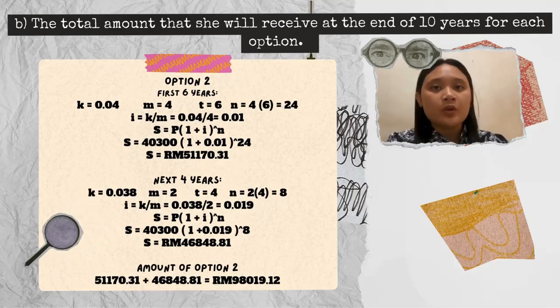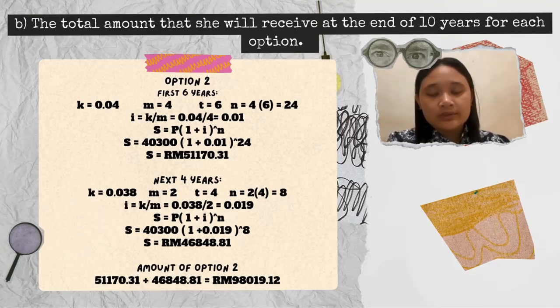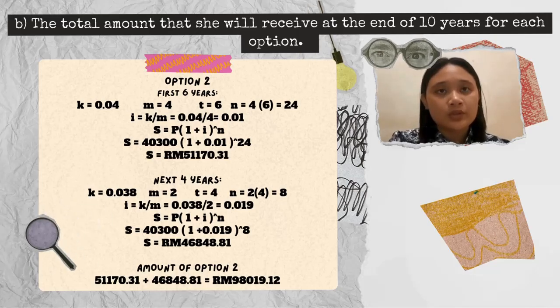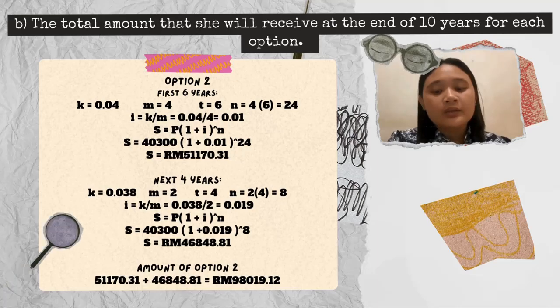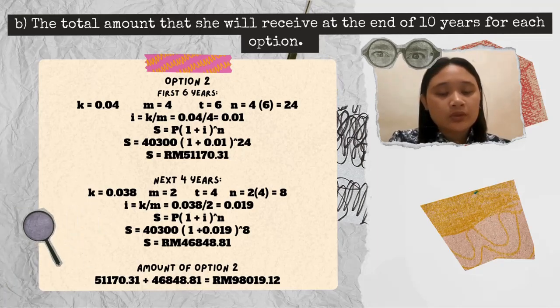Option 2. First 6 years. K equals 0.04, M equals 4, T equals 6, I equals 0.04 per 4 equals 0.01, N equals 4 times 6 equals 24.